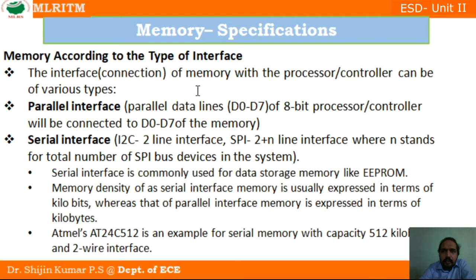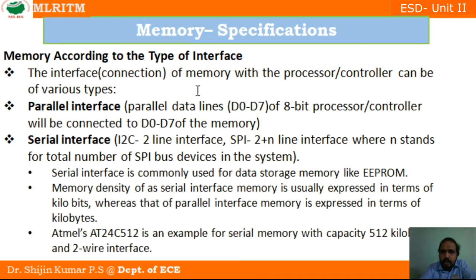But if you want to connect a device externally to an embedded system, we have to go for a serial interface. The types of serial interfaces that we use are the I2C interface, or two-line interface, and the SPI interface, serial peripheral interface. The number of lines will be 2 plus n.